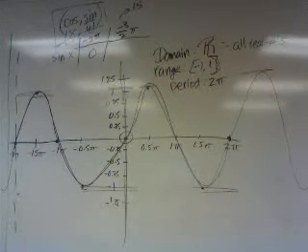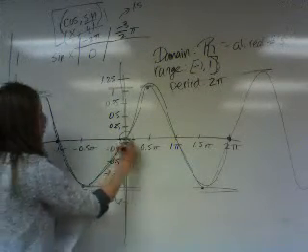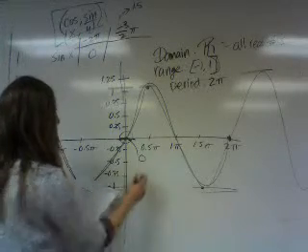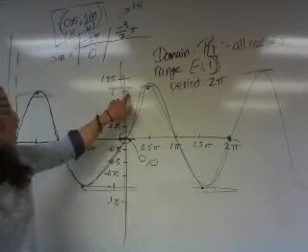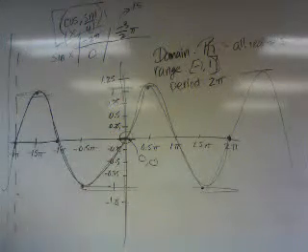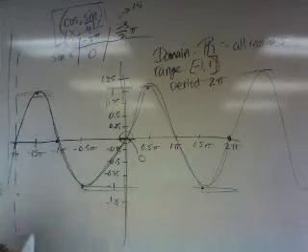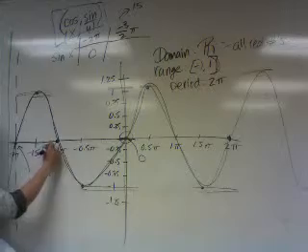Okay. The x and y intercepts, you know that. The x-intercept here is 0, where it crosses the x-axis. The y-intercept is also 0. Now for you it's going to be a little different. Sorry, the x-intercept is not just 0. The x-intercepts are all these points where it crosses the x-axis.